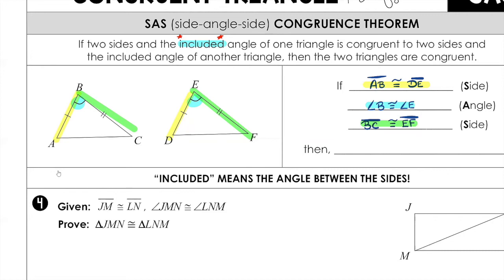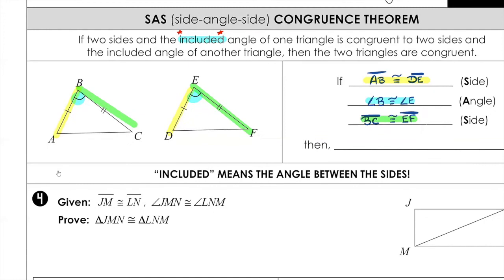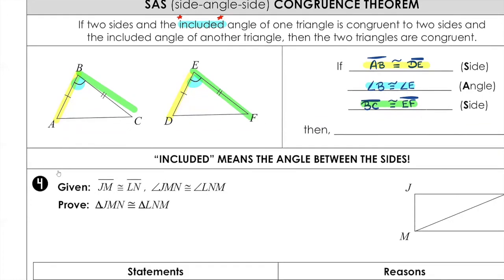So we always write the first one in alphabetical order. So triangle ABC is congruent to DEF. So it's two congruent sides and the included congruent angle.